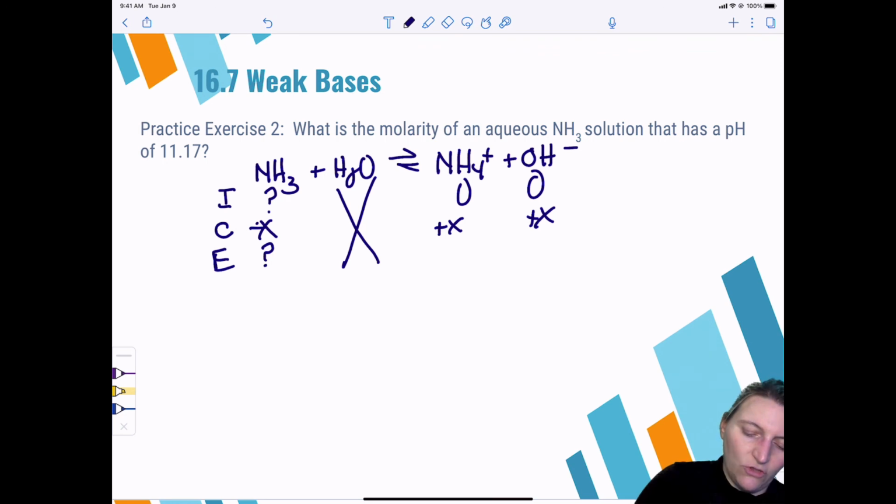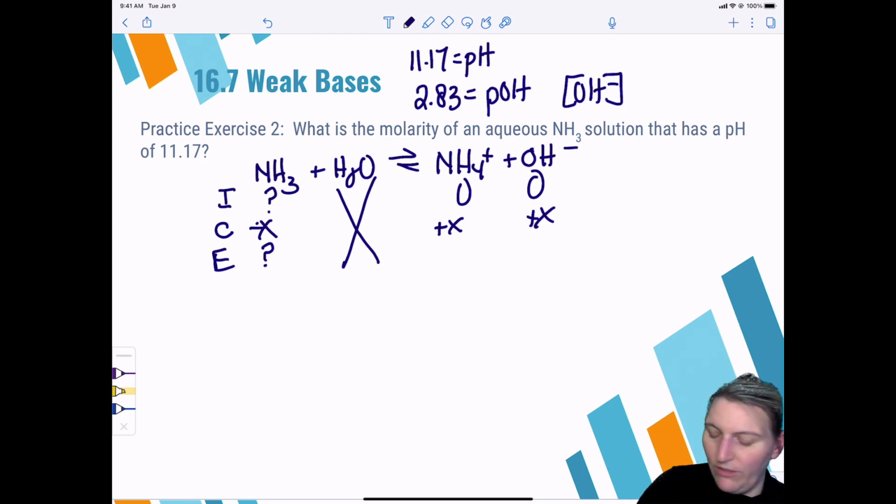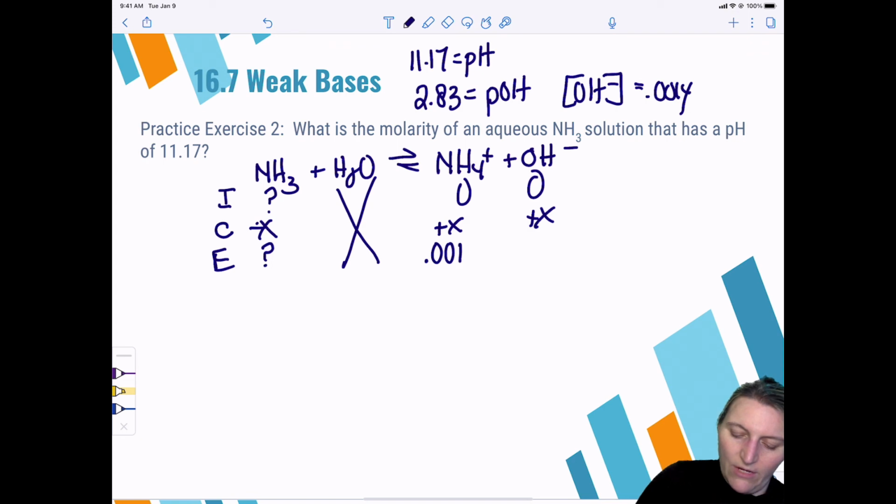If the pH is 11.17, then the pOH is 2.83, and then the concentration of OH minus, which is what I'm going to need to use, is 0.0014. So that's what these over here are equal to. And then I plug it into my Kb expression.